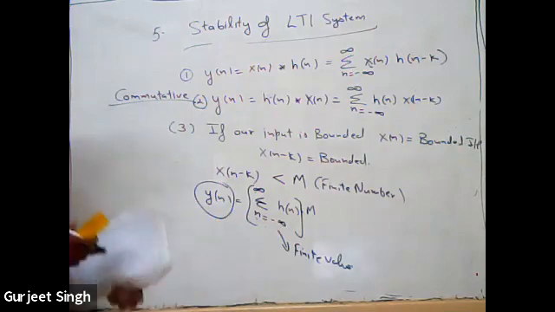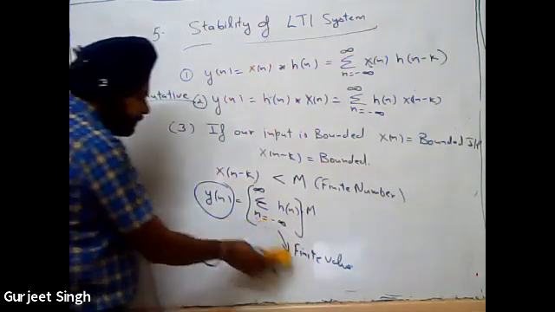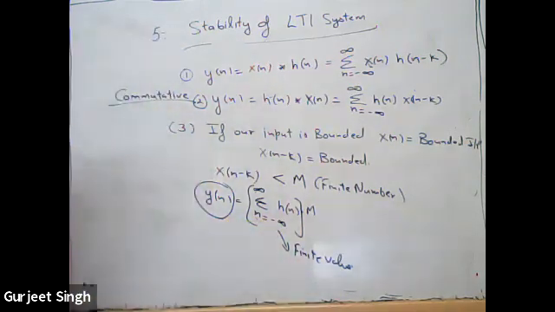So the condition for the LTI system to be stable is that the impulse response must be absolutely summable, means this must be a finite value.